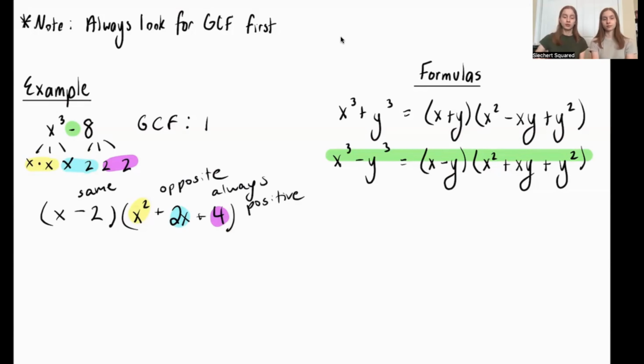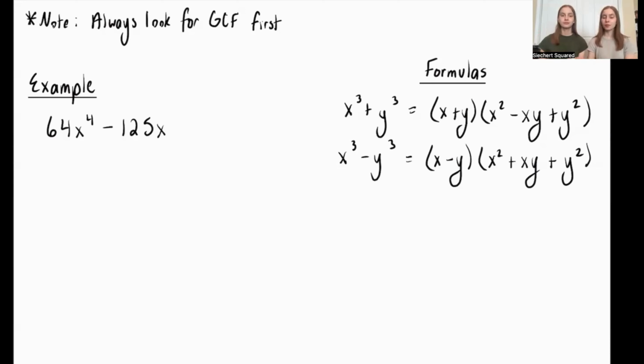We were using our formula to reference what the signs should be. Honestly, a lot of people find it the easiest to just use SOAP to make sure they're getting those correct signs. That way, you're not having to worry about, wait, was this the formula with the plus first or the minus first? Using SOAP to help you remember is incredibly helpful. And that is going to get you your answer.